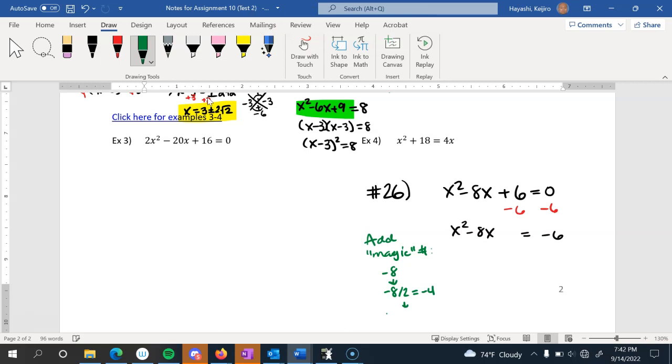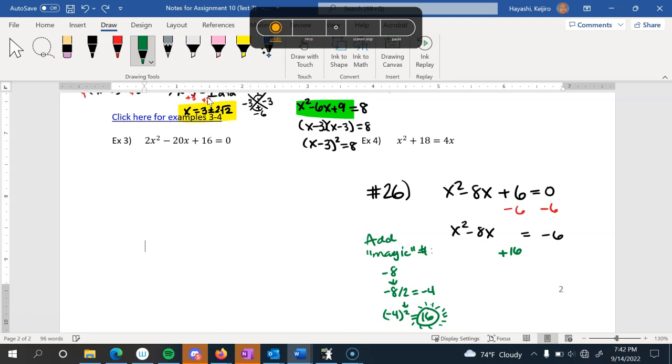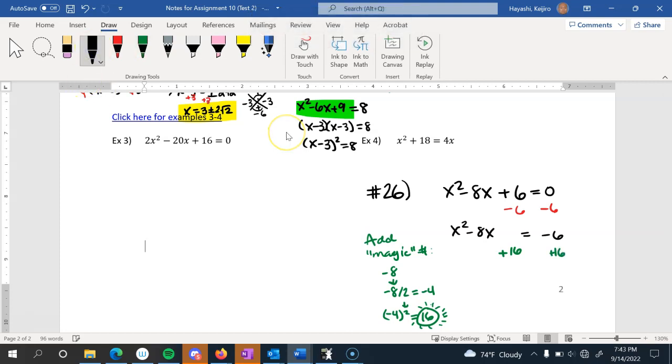And then negative 4 squared is 16. So 16 is the number that we're going to add to both sides. So we're going to have x squared minus 8x plus 16 equals 10.